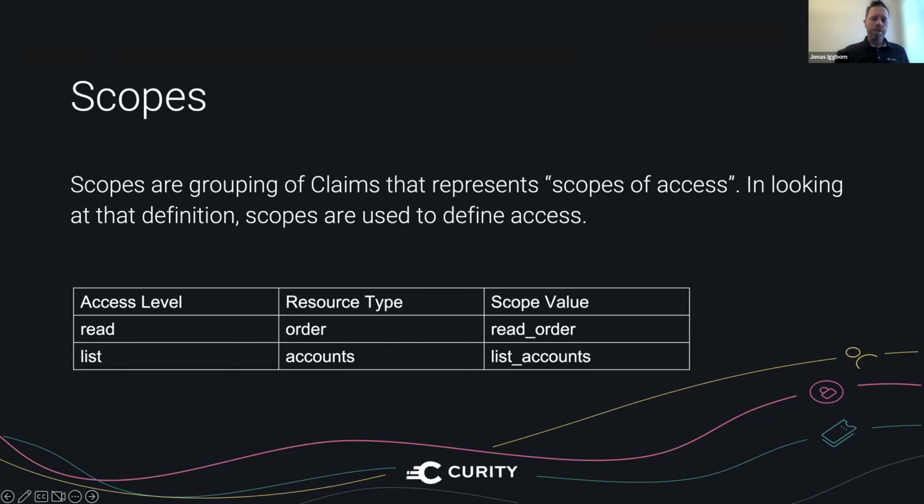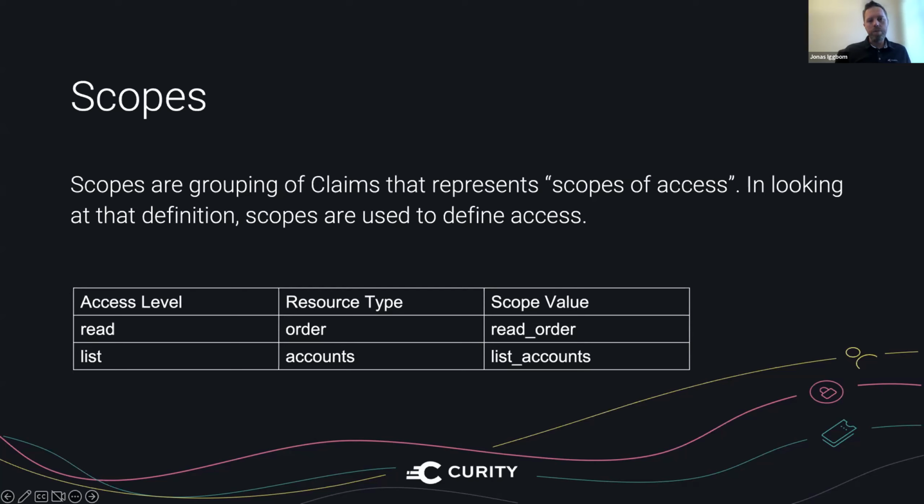Now, scopes are great, but they can also lead to, we've all heard the term role explosion, where you end up having more roles than users. There's actually a term called scope explosion too. You could end up in a situation where you have a lot of scopes that are really hard to manage. Claims are better from that perspective to scale an environment.